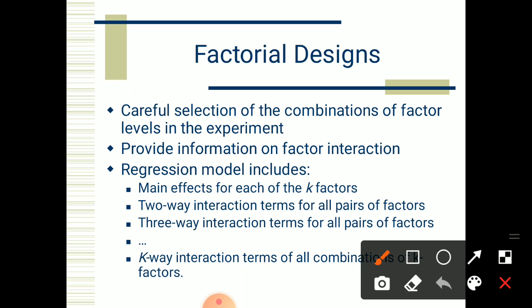I'll just read out whatever is available in the slide. Careful selection of combinations of factor levels in the experiment, as I just told you, will accommodate more sources of variation to be tested. It provides information on factor interaction also. The regression model includes main effects, two-way interaction, and three-way interaction. As I just explained, there can be interaction among the different factors also. For example, I told you breed and feed factor.